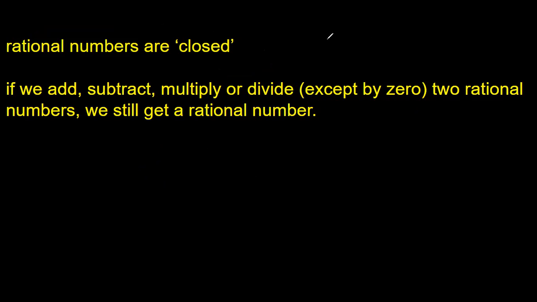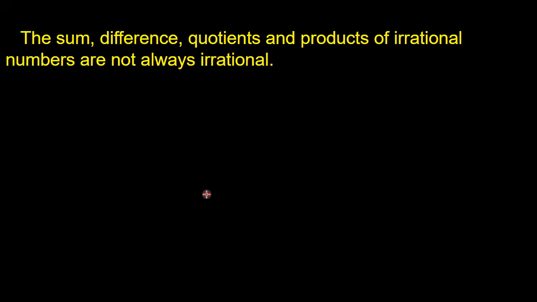All right. So this is it. Rational numbers are closed. I mean, we would like to now see whether irrational numbers are also closed. When we take two irrational numbers, what happens to the sum, difference, quotient, product? Are they always irrational? They are not always irrational.